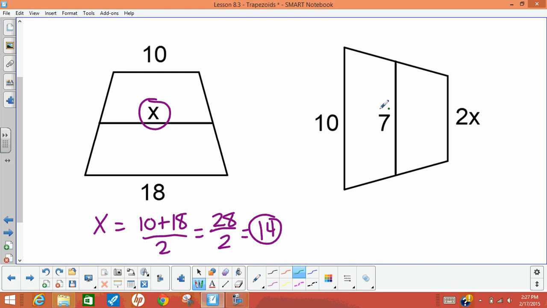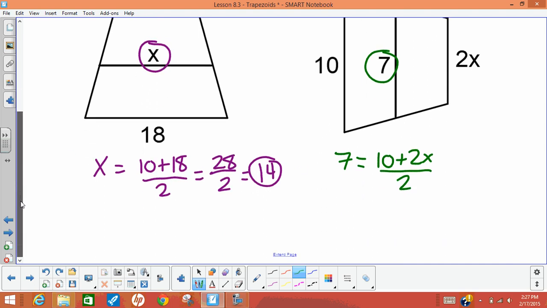Over here, I know my midsegment. It's 7. That midsegment should be the two bases added together divided by 2. So I need to do a little bit of algebra here. This should look like kind of one of the circle formulas we had. I need to multiply both sides by 2 to get 14 equal to 10 plus 2x.